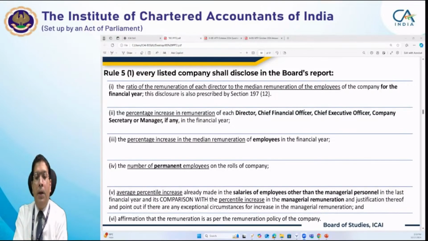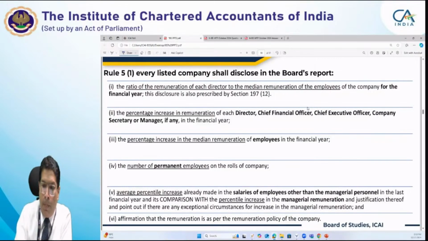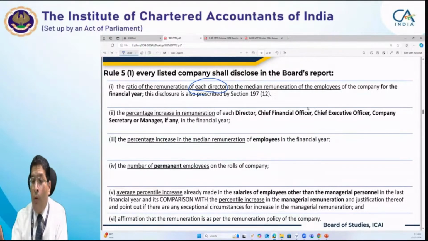every listed company shall disclose in the board's report: number one, the ratio of the remuneration of each director to the median remuneration of employees of the company for the financial year. Second, the percentage increase in remuneration of each director, CFO, CEO, company secretary, or manager in the financial year.